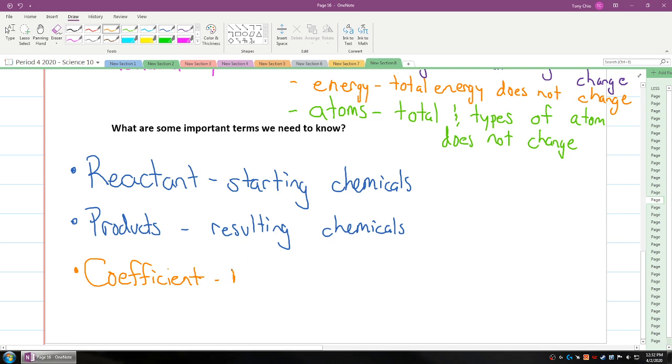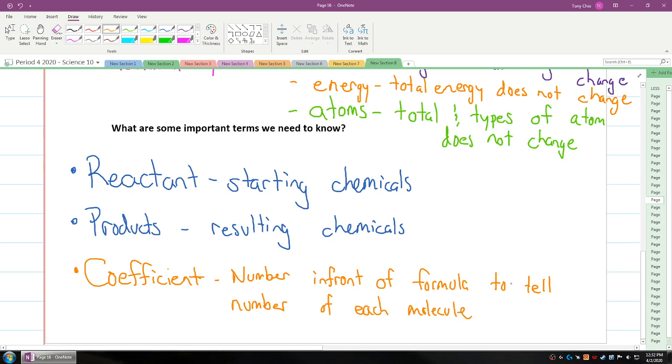It's the number in front of a formula to tell you how many of each molecule you have. So these are the 3 important terms that we're going to use that allows us to balance.